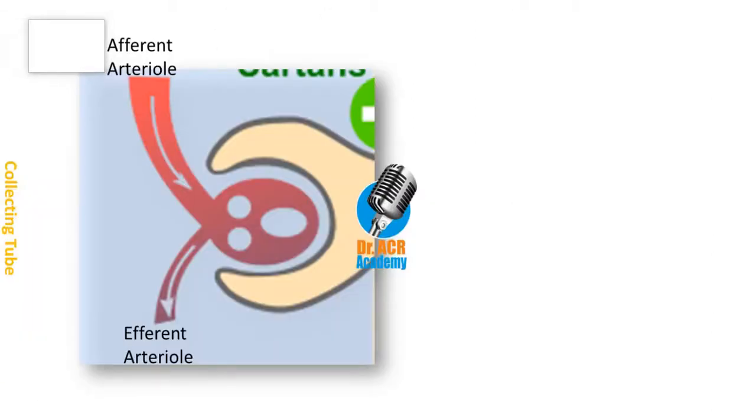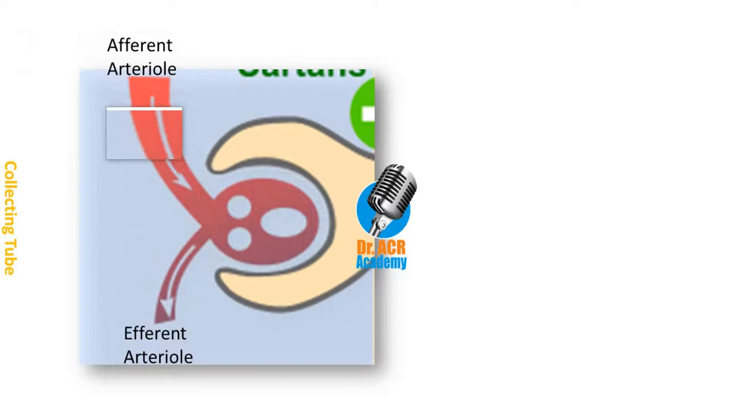As we discussed earlier, the afferent arteriole enters into the glomerulus and forms the glomerulus. This afferent arteriole brings the blood which is to be filtered into the glomerulus region. Then after this filtration, the blood leaves the glomerulus by the efferent arteriole.